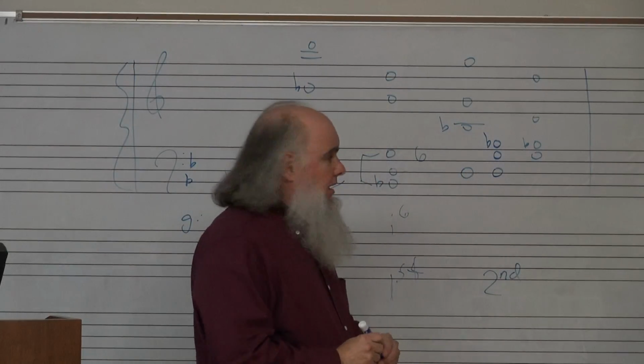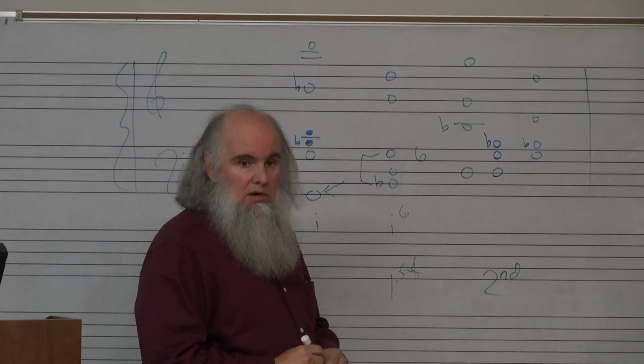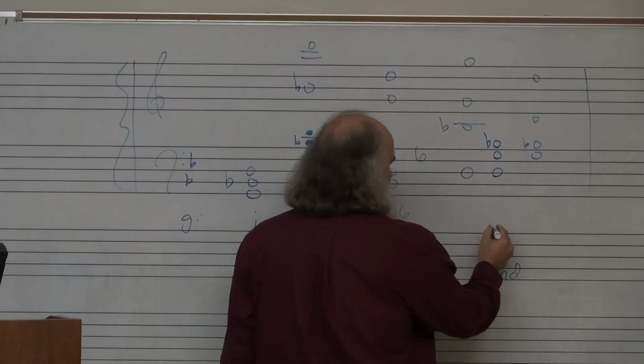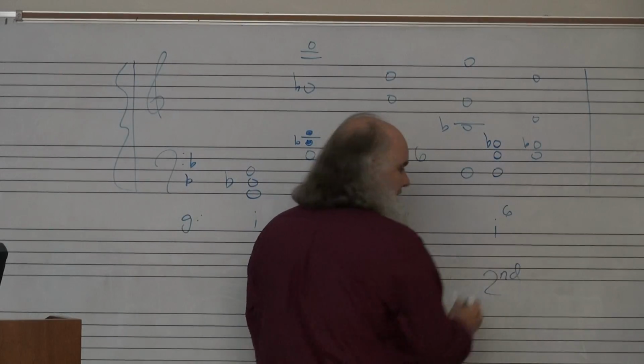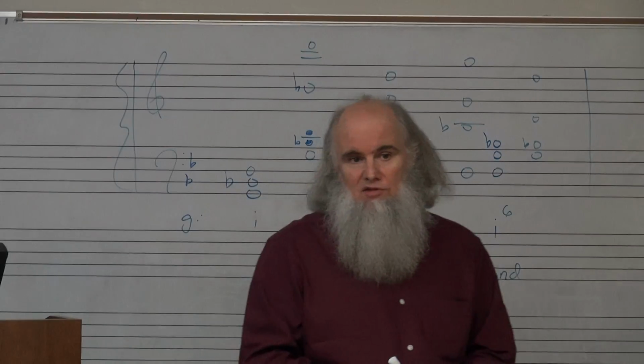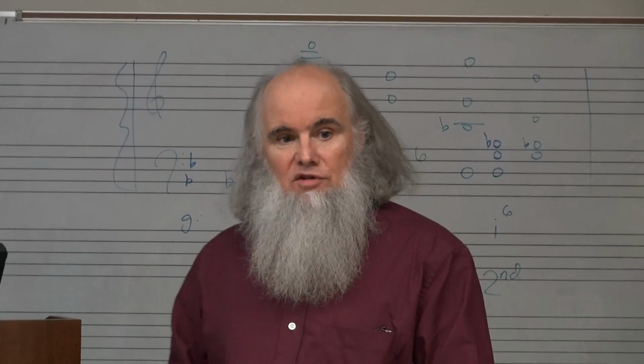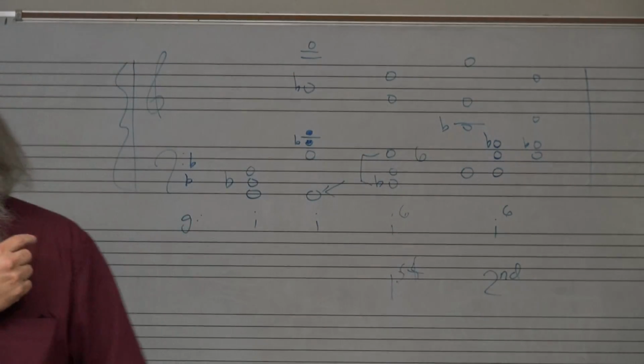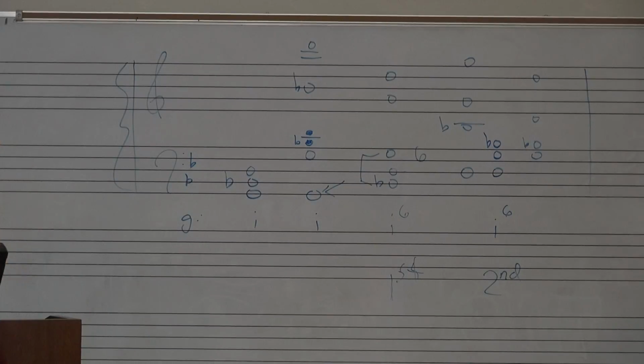Now, this time, if all we wrote was a 6, what would that be telling us? It's in first inversion. However, does everybody see that D going up to B flat is the interval of a 6? There is a 6. But notice what's unique.